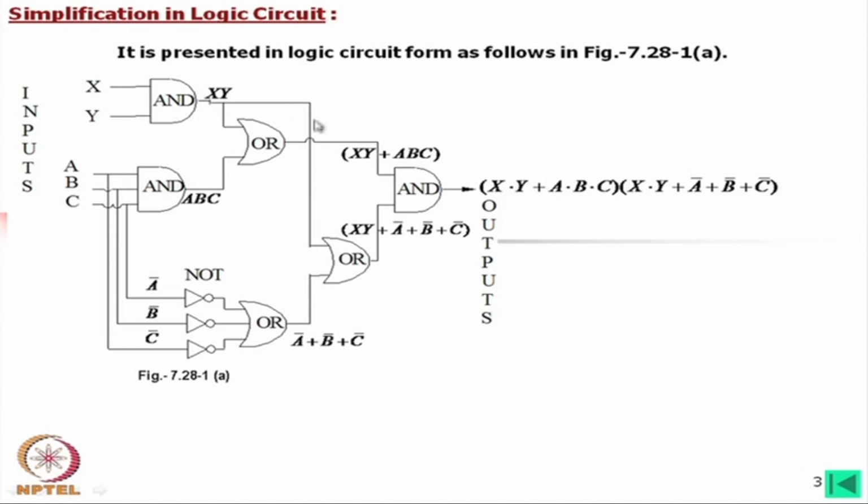So, again we pass through another OR gate to get the total function as an output. This output we have allowed through an OR gate, and this output through the same OR gate as a second input, and we have got this output.